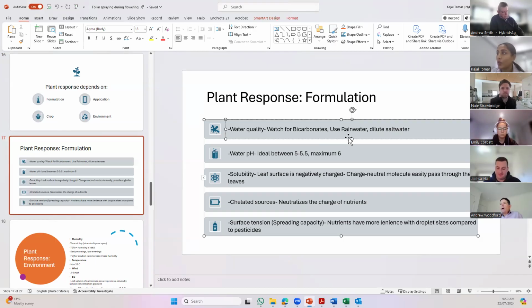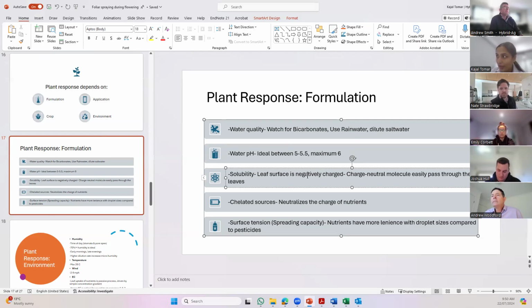Usually it's recommended to use rainwater, or if the water is too salty, it's recommended to dilute the water with a bit of rainwater. Water pH. When foliar spraying, generally it is recommended to spray with an acidic pH, 5 to 5.5. Recommended to not go above 6. So that's a big factor when we are foliar spraying.